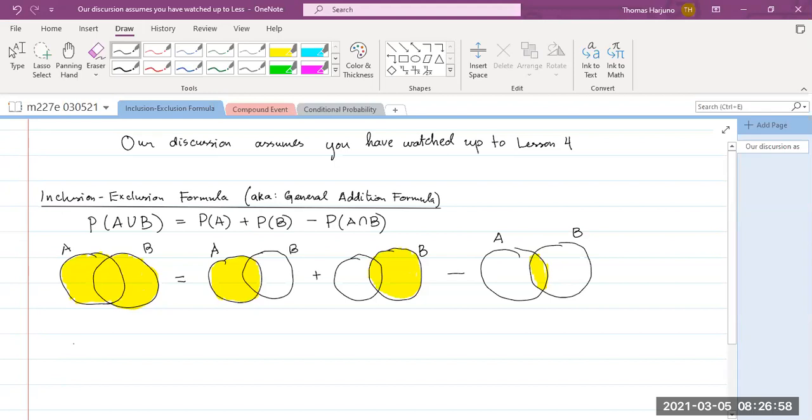Now note, I need to say that explicitly: we did problems with union even without this formula, without explicitly using this formula.